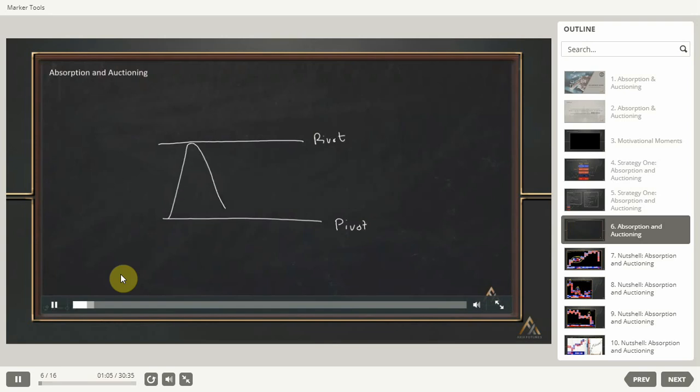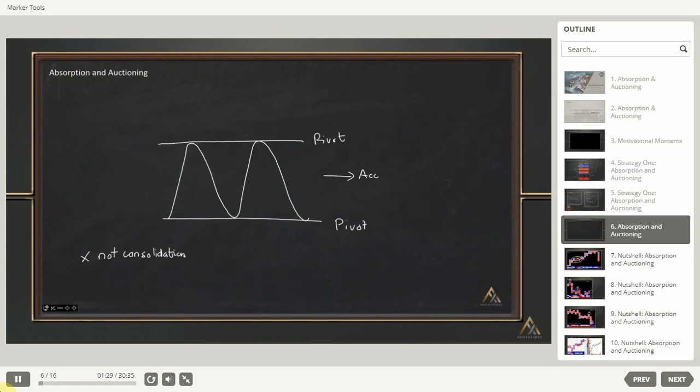Now, one of the key principles we focused on was the principle of consolidation. Now, most important, note this is not consolidation. Why? Because consolidation, as we mentioned in the principle section, tends to be relatively low volume. So what we're actually going to be talking about is the process of accumulation and distribution.